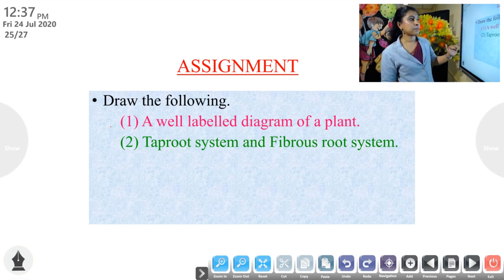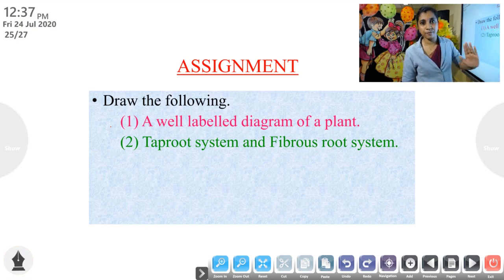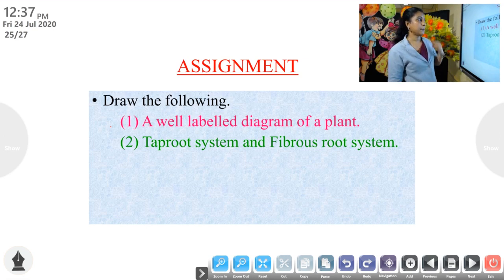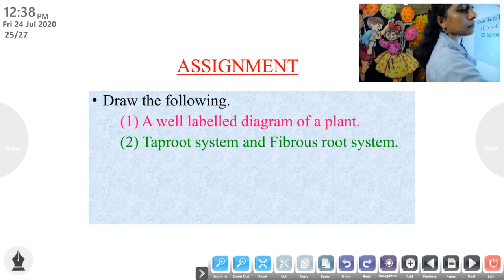Then what is the second assignment? Draw taproot system and fibrous root system. These are the two assignments for you. Okay.